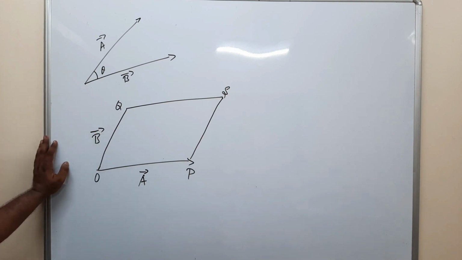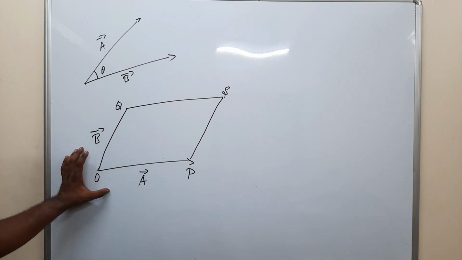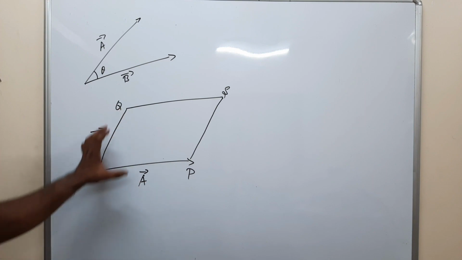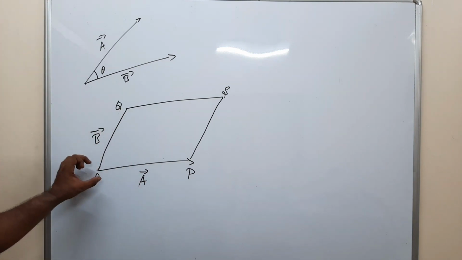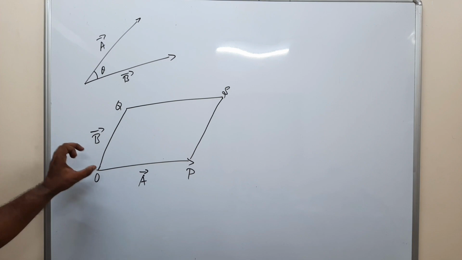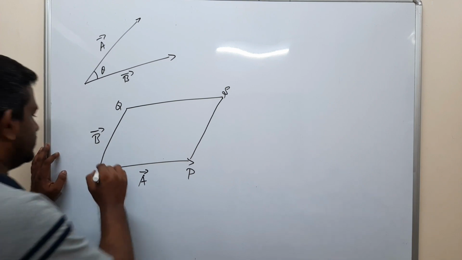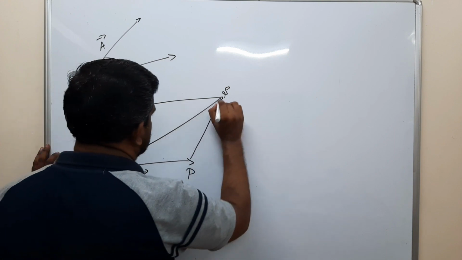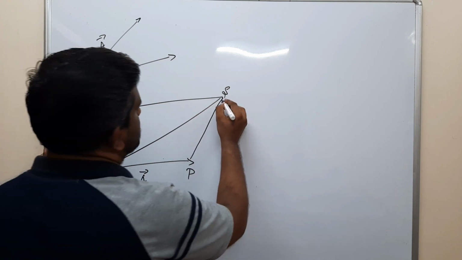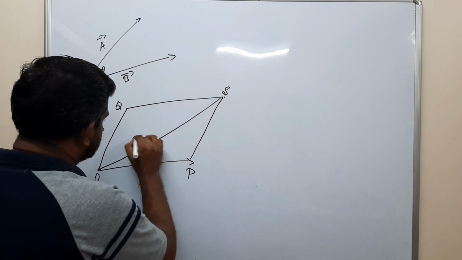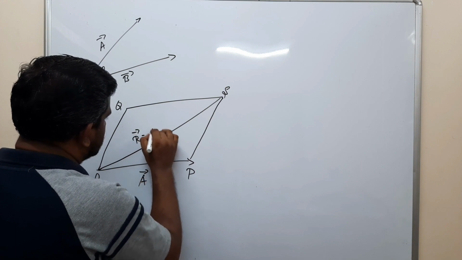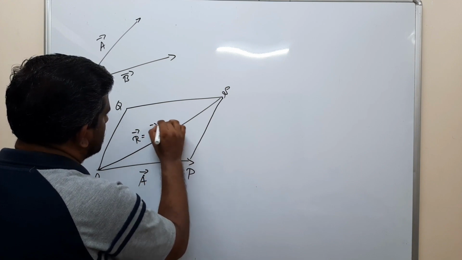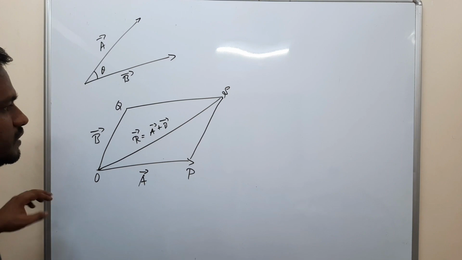If two vectors, both in magnitude and direction, are represented by the two adjacent sides of a parallelogram drawn from a common point, then the diagonal starting from the same point will give the resultant of these two vectors, that is R vector is equal to A vector plus B vector.